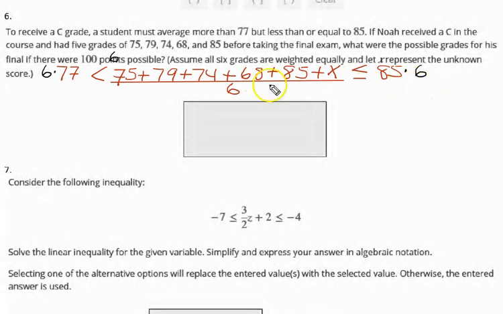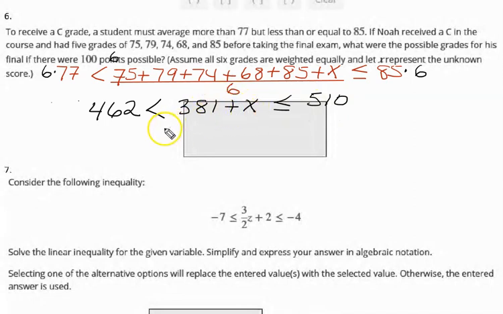Okay, so let's see what you get. So something like this. This is 462 is less than this. I added these up plus the x. Now, how do I isolate the x in the middle?